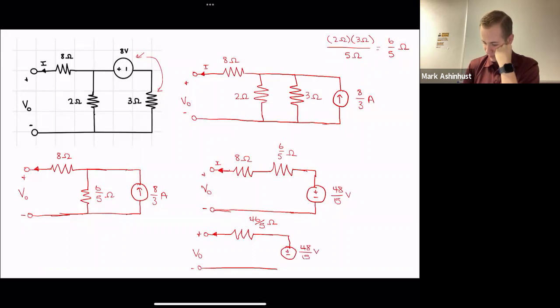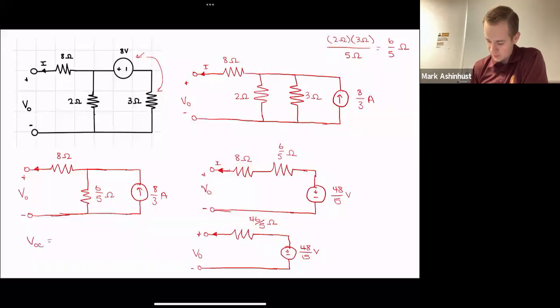We have a voltage source in series with an equivalent resistance. So our V open circuit is going to be 48 over 15 volts. And our R Thevenin is going to be 46 over 5 ohms.